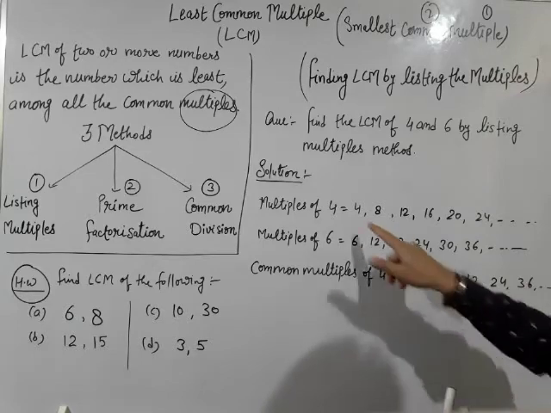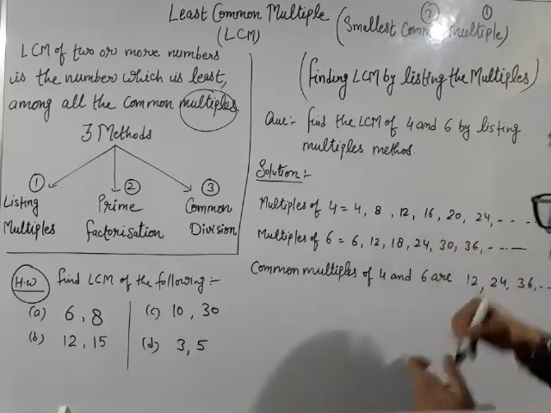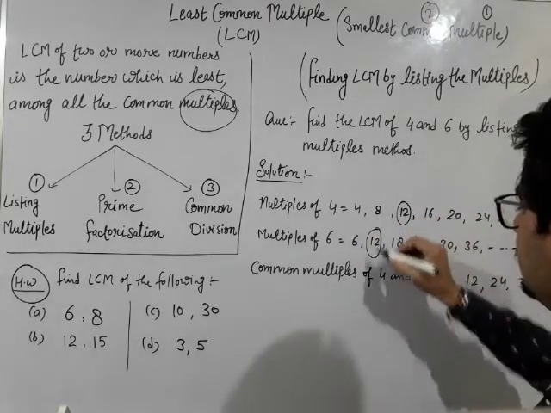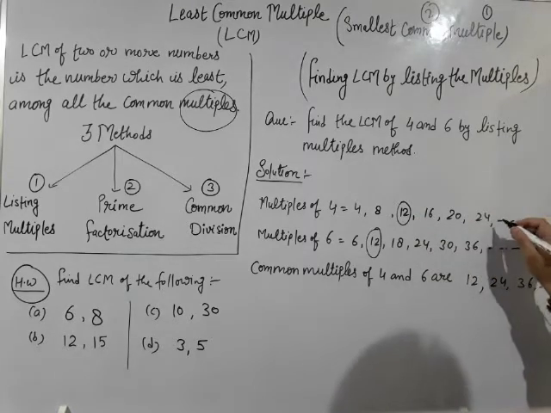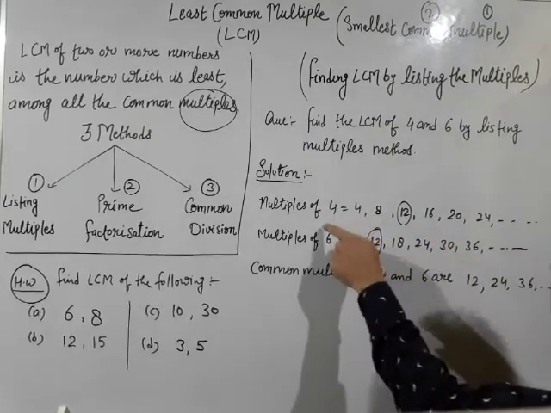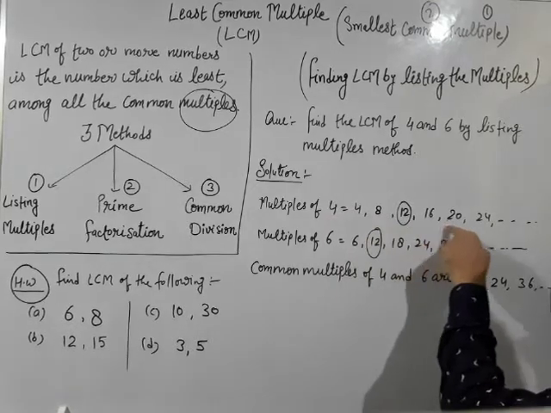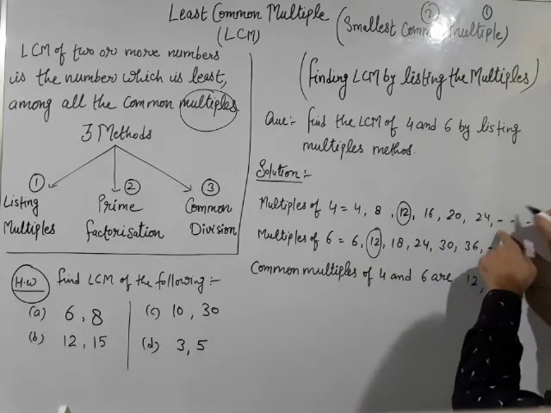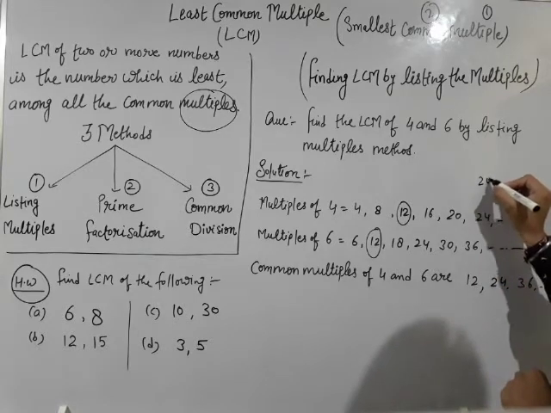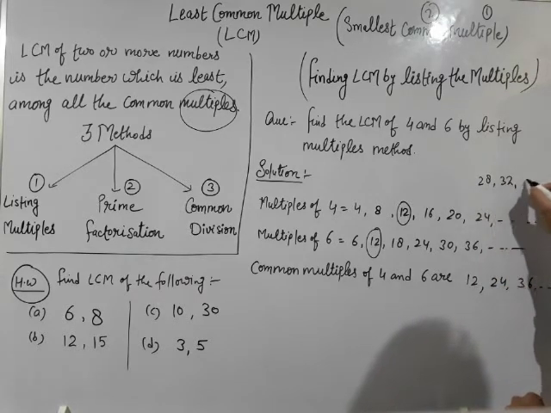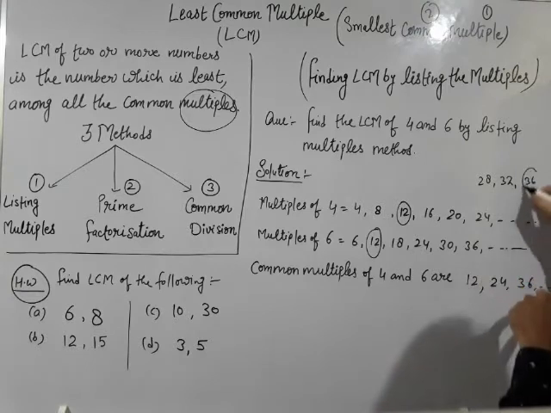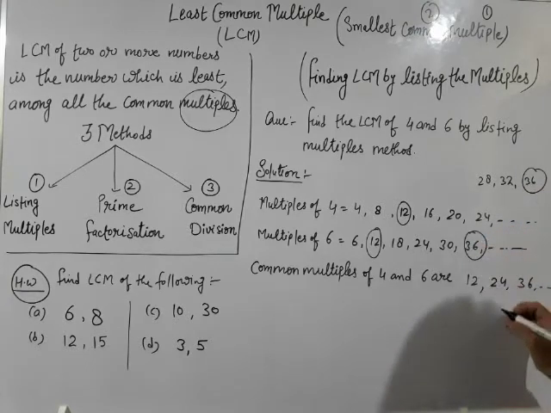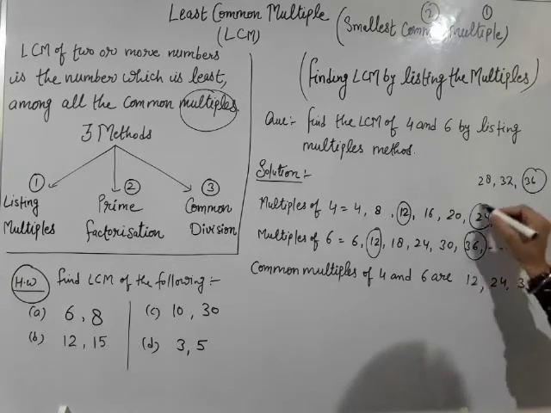Common multiples are 12 and, when we continue to write the table of 4, we will get 24. After that we will get 28, then 32, and then 36. So 36 is here and 36 is also here, and 24 is also.